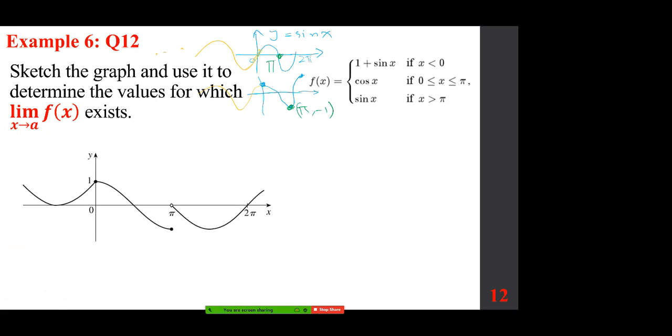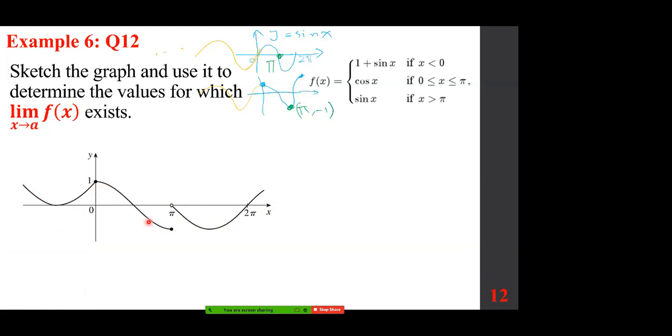So sketch the graph, and we want to find the limit of f of x as x approaches a, if it exists. I hope you see that just by looking at the graph, the function has a limit everywhere except at this point. So let's discuss that from a calculus point of view.